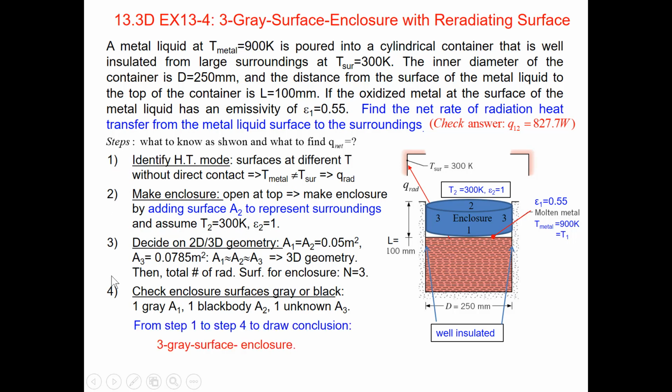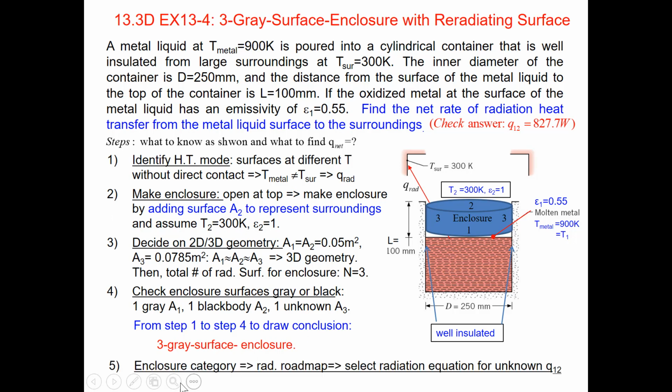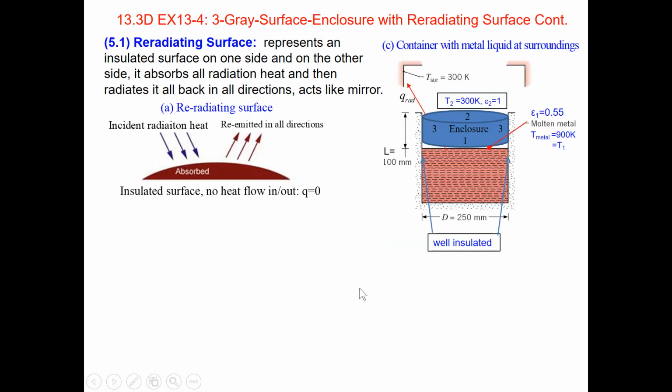From step 1 to 4, we draw the conclusion it is a 3 gray surface enclosure. Step 5, based on enclosure category, we can go to radiation roadmap to select the proper heat equation for unknown Q1, 2. Before we do that, let's introduce the concept of re-radiating surface.